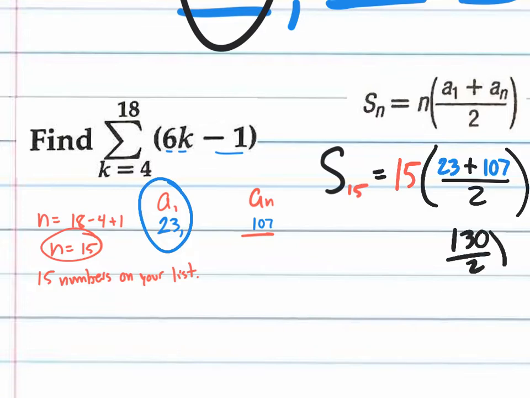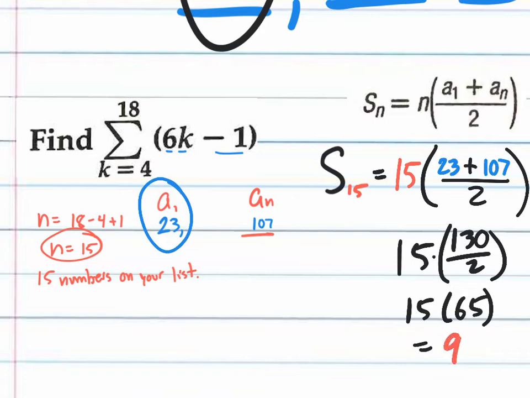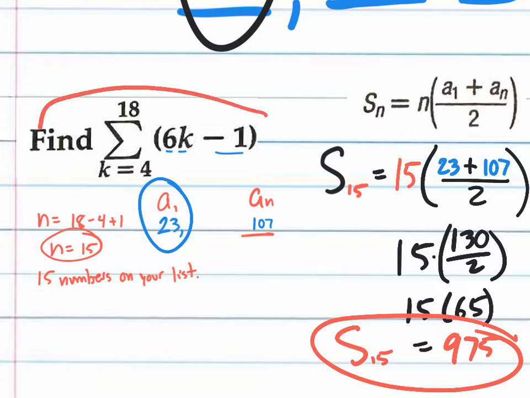And then divided by 2, that'll give us 65. But don't forget about the 15 out here that's in the front. So we really have 15 times 65, which equals, the answer would be 975. I use the calculator. Hope you do too. 975. So that's the summation of the 15 numbers that's indicated by that summation notation right there.